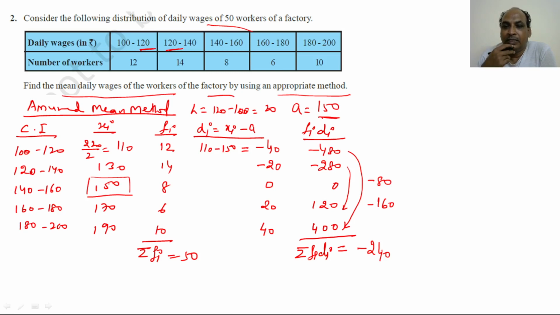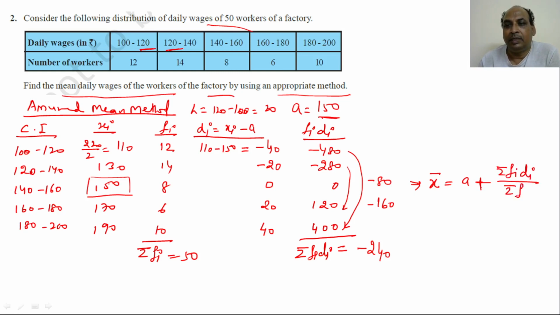So now we will be finding the mean. Our mean will be equal to A plus sigma Fi Di divided by sigma Fi.